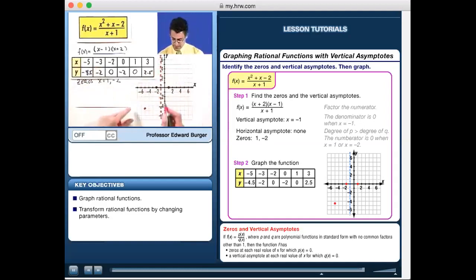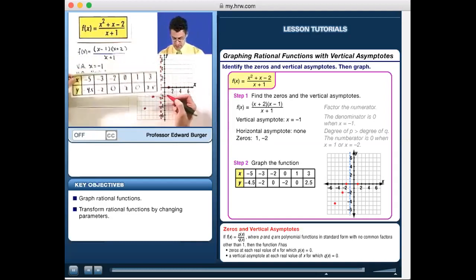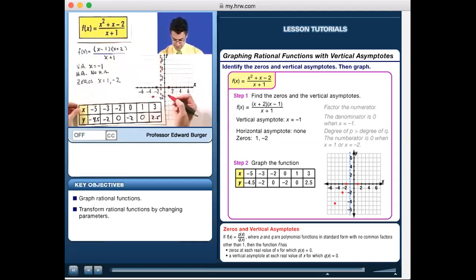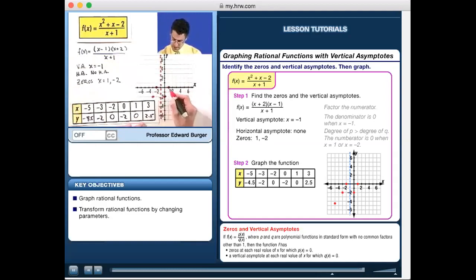At -3, I'm at -2. And then at -2, I'm at 0. We already had that. Now at 0, I'm at -2. It's right here. At 1, I'm at 0. We knew that. And at 3, I'm at 2.5. So 2.5 is right there.